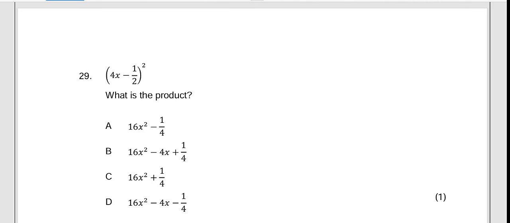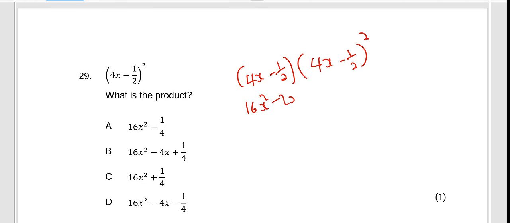What is the product, guys? So here we are multiplying out. We need to work out this question. What is the product? 4x minus 1 over 2. We start by expanding. 4x times 4x will give me 16x squared. 4x times minus half is going to give me minus 2x.